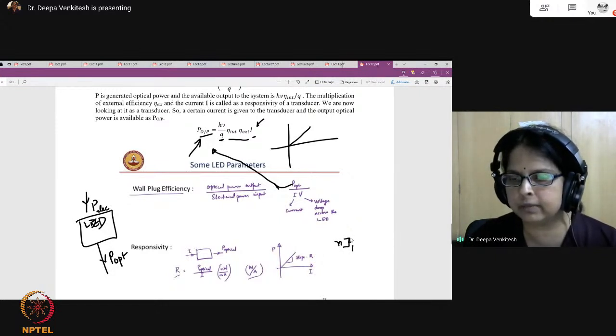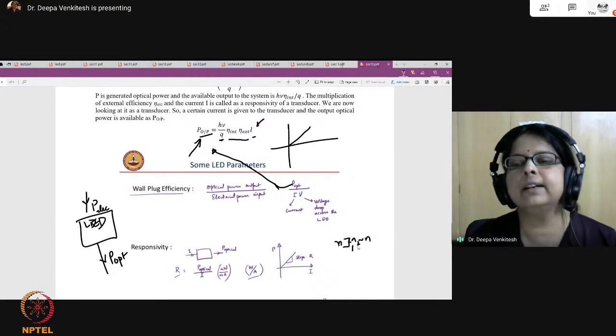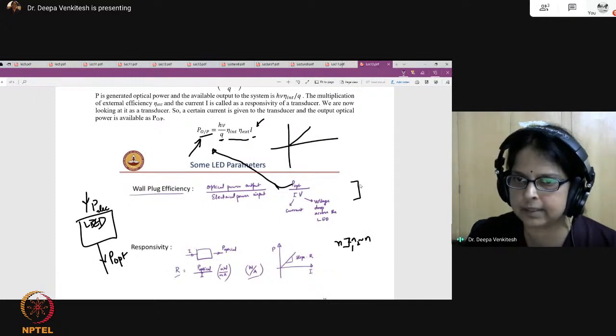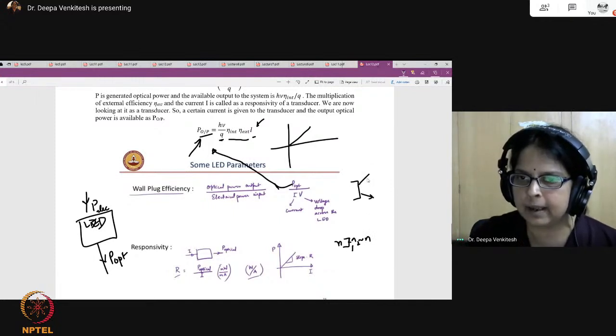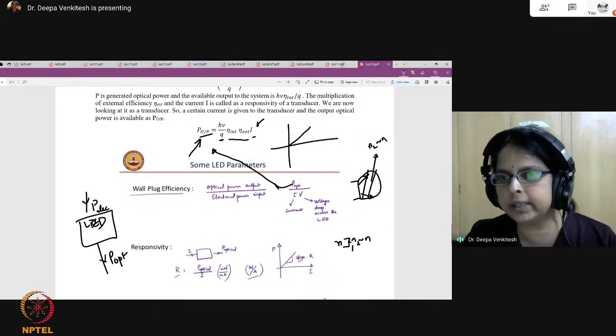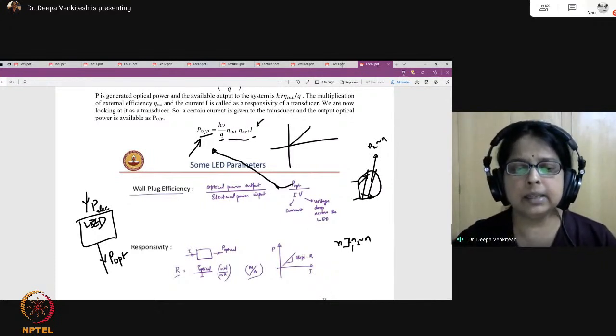But then instead of this 1, suppose you're able to make it a refractive index which is very close to n, say n2 close to n, then the Fresnel reflection can be reduced. So essentially what I'm saying is you have this emission happening, and if you put plastic or whatever the material is, with a refractive index n2 which is close to n, then you can actually reduce the Fresnel reflection. So that way it can improve the external quantum efficiency.